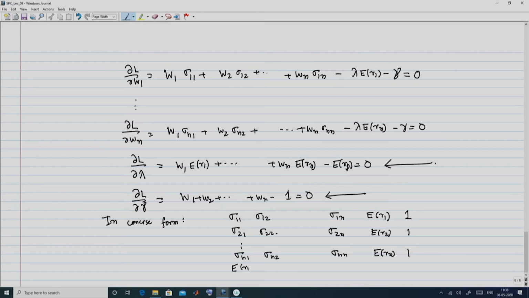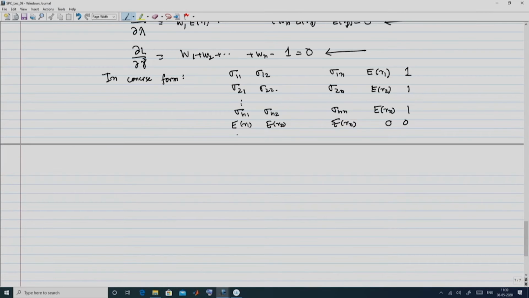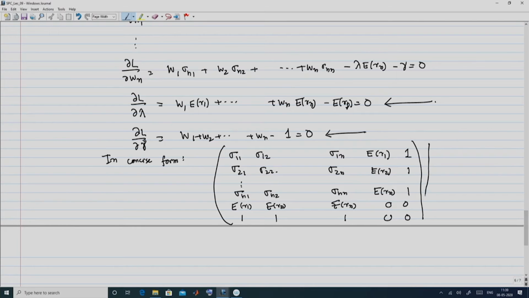Then we have E[r1], E[r2], all the way to E[rn], 0, 0, and then we have 1, 1, all the way to 1, 0, 0. So, this is going to be multiplied into W1, W2, all the way to Wn, then minus lambda, minus gamma, and this is going to be equal to 0, 0, all the way to 0, E[Rp] and 1.